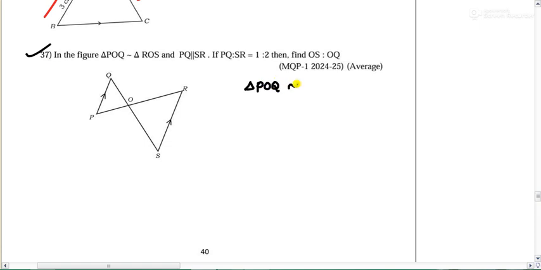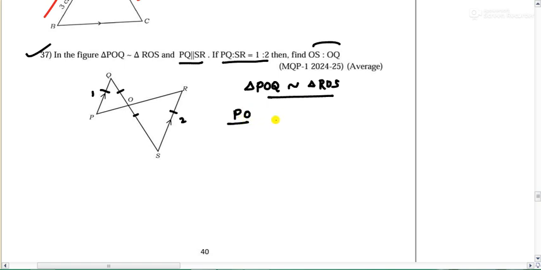Triangle POQ is similar to triangle ROS. PQ is parallel to SR. These two are parallel. And they have given PQ is to SR, PQ 1 is to 2. Then what is OS is to OQ? OS, OQ. So these two triangles are similar. So you write the similarity conditions.